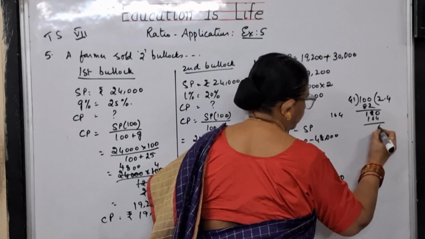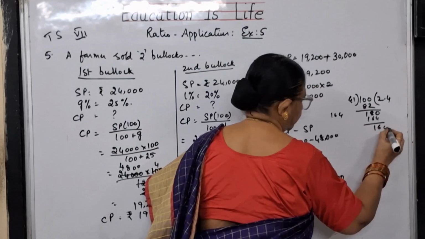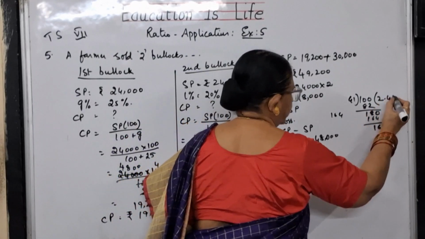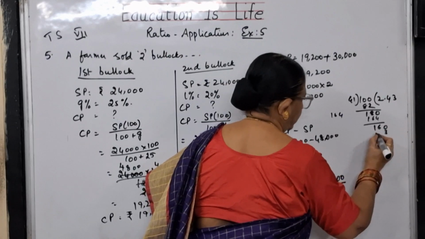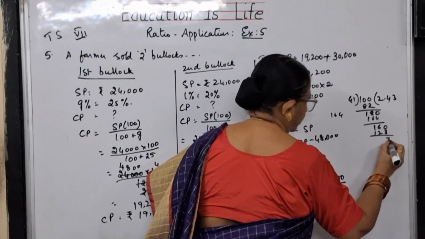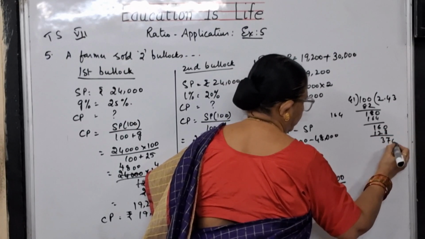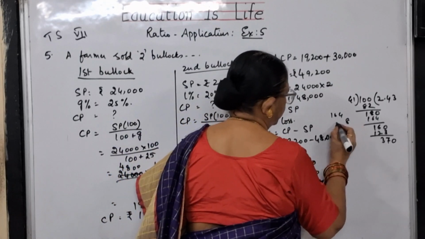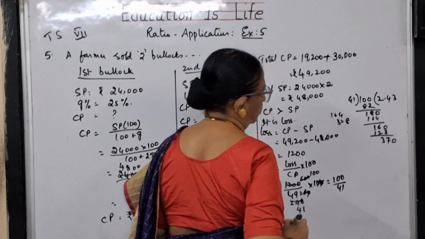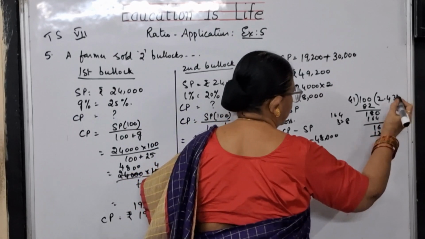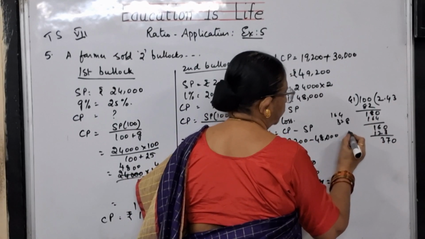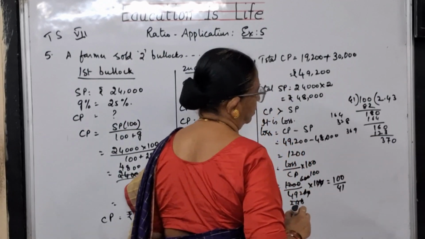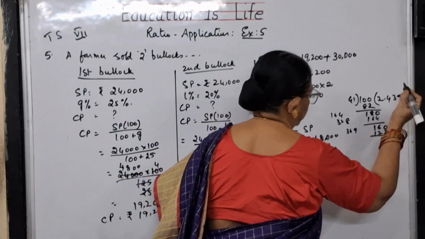So you are getting 6 here, 1. So take 1 more 0. So when you take 1 more 0, you will be getting 3 ones are 3, 3 fours are 12. So 7 here, 3. If you take 1 more 0, 8 ones are 8, 8 fours are 32. Then 9 ones are 9, 9 fours are 36. So 9 it goes.